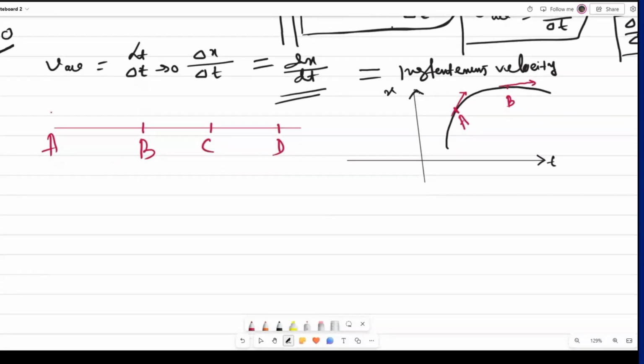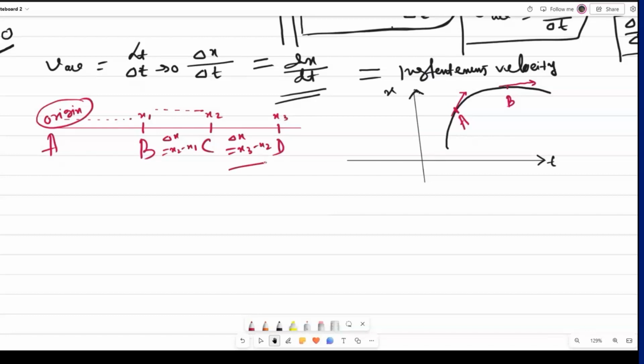If we take this position as the origin, and this distance is x1 from the origin, this is x2, this is x3, then the displacement in going from B to C is x2 minus x1, that is delta x for this interval. From C to D, delta x is x3 minus x2. It is like that.